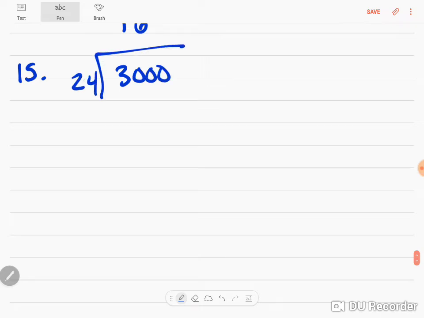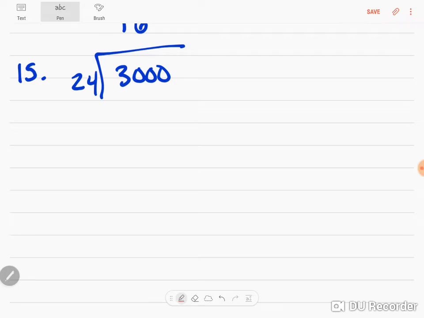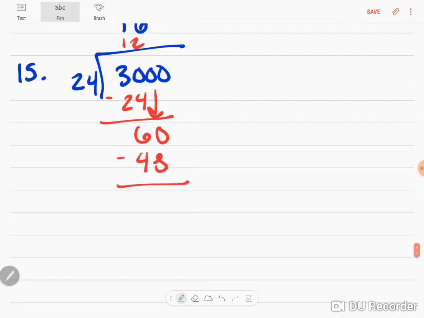3,000 divided by 24. 24 goes into 30 1 time. 24 goes into 60 2 times. 48. And 24 goes into this how many times? I think it's 6.